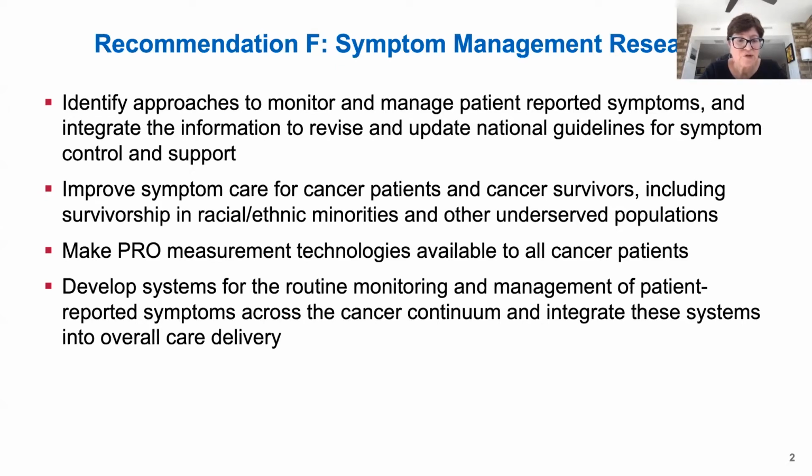To make PRO measurement technologies available to all patients. And this has become very critical in the age of COVID because we are relying more on telehealth. There's more avenues now and need for handheld reporting of PROs and symptoms.